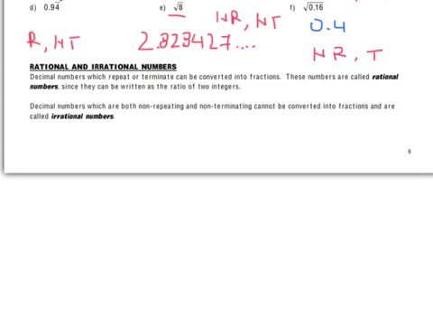On the other hand, if we have decimal numbers which are both non-repeating, so there's no pattern, and non-terminating, meaning they go on forever, those cannot be converted into fractions, and they're called irrational numbers. Irrational numbers. I guess a good way to think about it, irrational, maybe a little bit crazy, because they keep going on forever and they have no pattern to them. They're all over the place. Like this one up here that we had, this one over here. Okay, that one would be irrational.